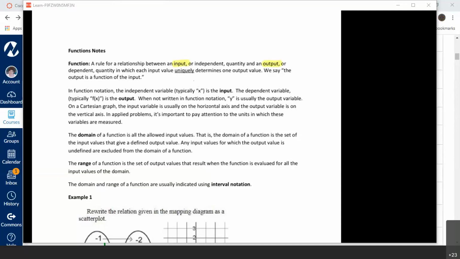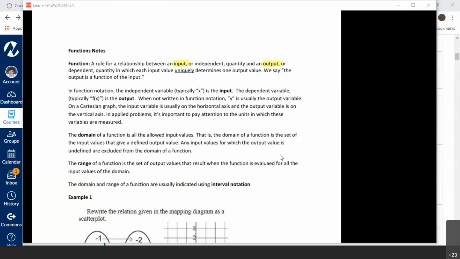Sometimes there'll be t and v of t, or there'll be n and s of n. So please don't be wedded to the names x and y. Think independent or input variable like x, and dependent or output variable like y or f of x.